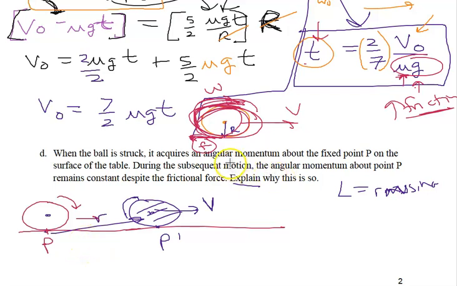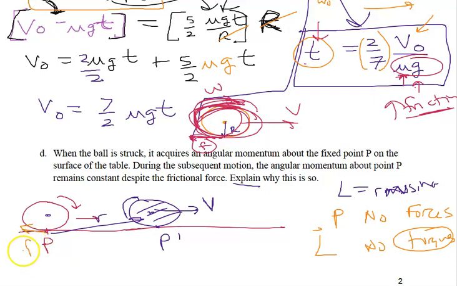But if you see something about angular momentum not changing, you know that linear momentum is conserved if there's no outside forces. Angular momentum is conserved if there's no outside torques. Okay, so I do think that's important for you to recognize and go, oh, friction is not causing a torque because it is acting at the pivot.